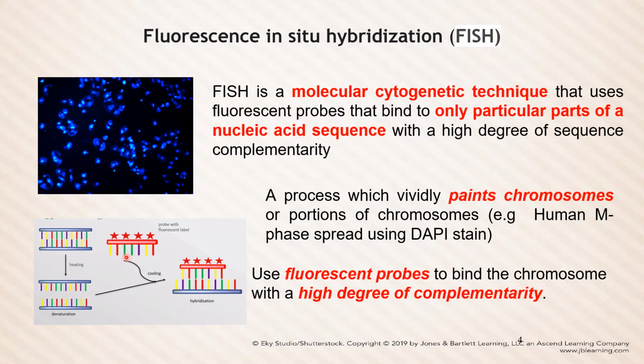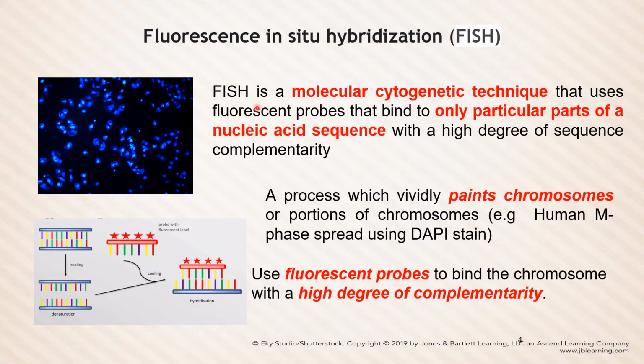So if you want to label a particular section of the DNA, you add the probe, and if there is complementarity, they will attach to each other, and you will see the sections of the chromosomes that they label. The ones that didn't label will be washed away during the process, so only the sections that are fluorescent will show you that the sequence is there.